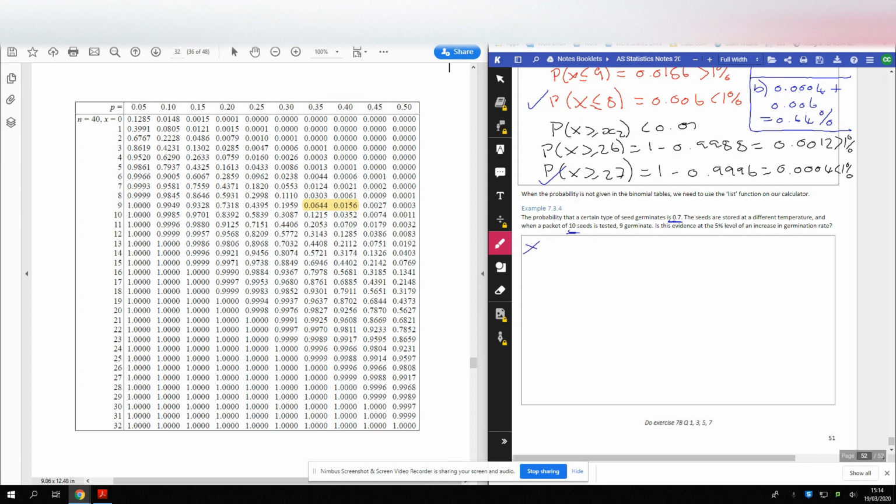So let's start off by defining the distribution. We've got X is the number of seeds which germinate, and it has a binomial distribution with n equals 10.